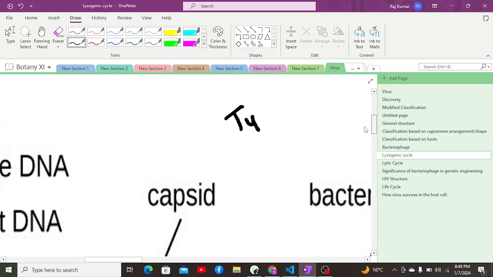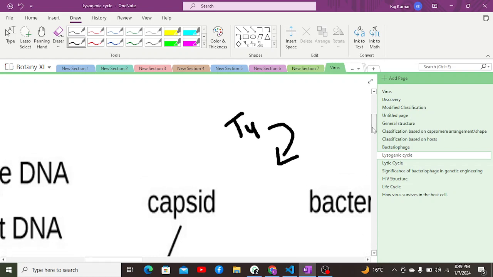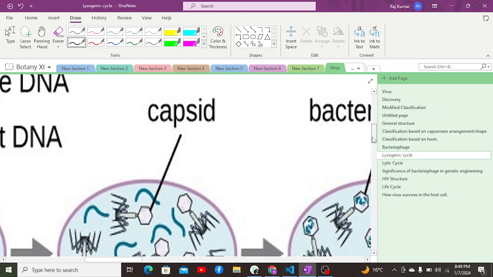It has a gene for synthesis of endonuclease enzyme, such that when it synthesizes its endonuclease enzyme, this enzyme causes the degradation of the host cell genome, as a result of which the metabolic machinery of the entire host cell comes under the control of the viral genome.